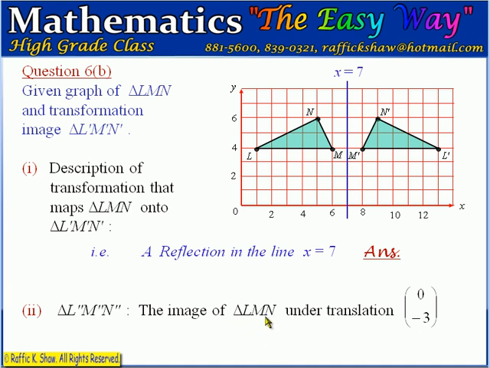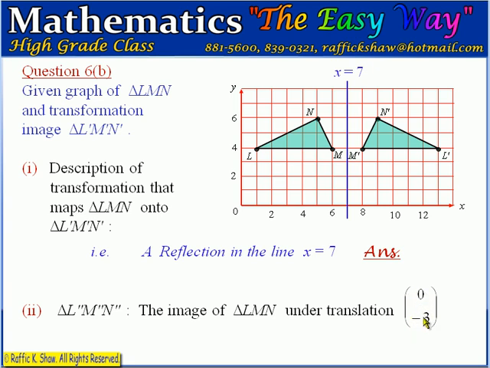So this triangle LMN undergoes a translation. Remember, translation is a transformation where your object moves from one location to another without turning. It just changes its position. The vector under which this transformation is taking place is (0, -3). 0 means no movement horizontally, no movement in the x direction.